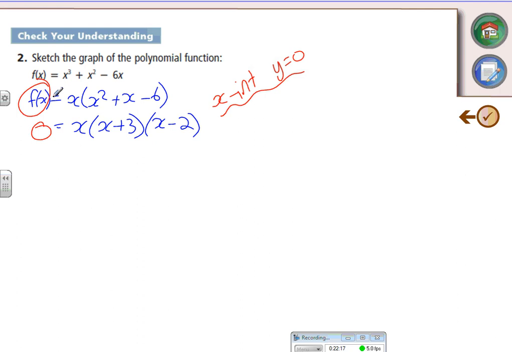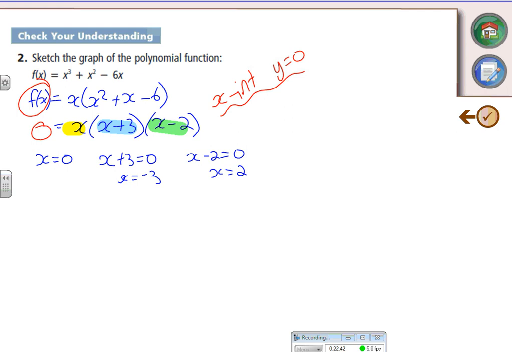So then we know at this point that either x equals 0, x plus 3 equals 0, or x minus 2 equals 0. X equals 0, there's 1 zero. X plus 3 equals 0, so x equals -3. There's a second zero. X minus 2 equals 0, so x equals +2.